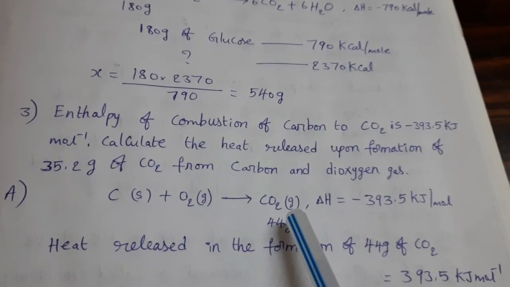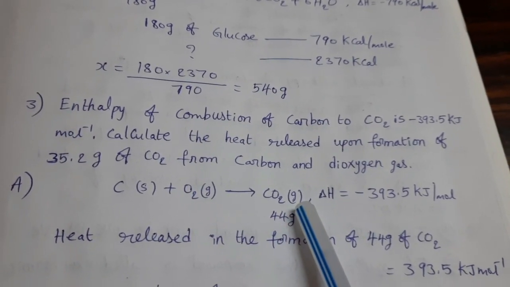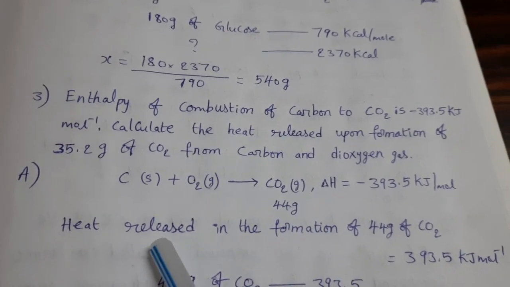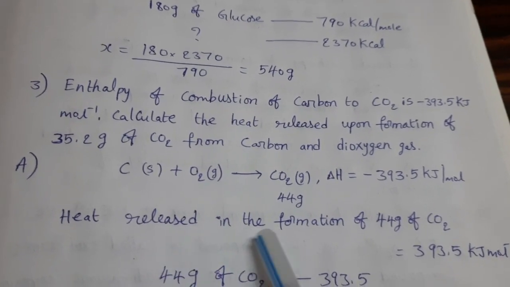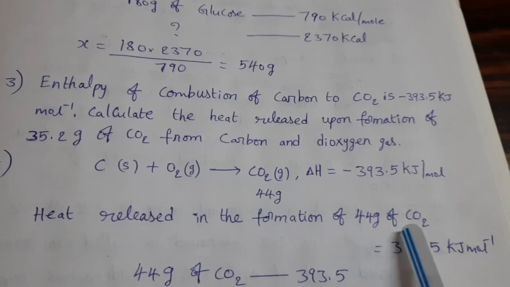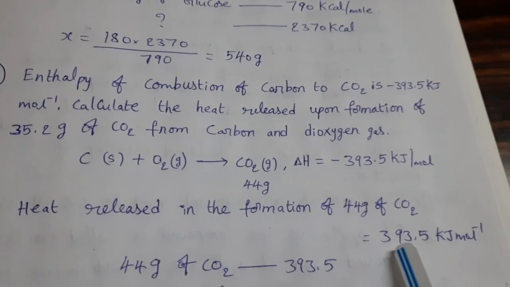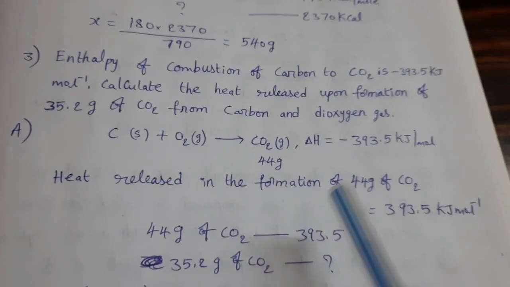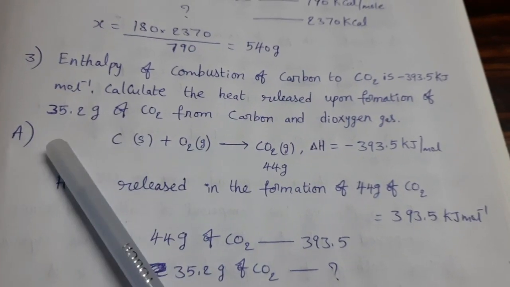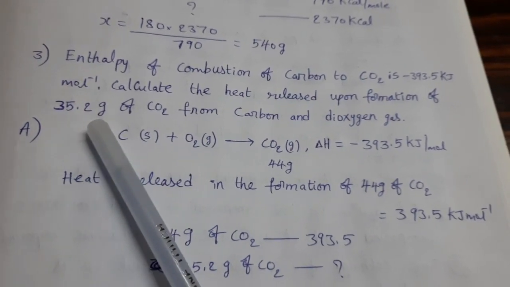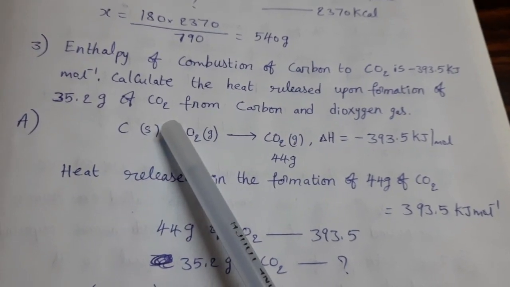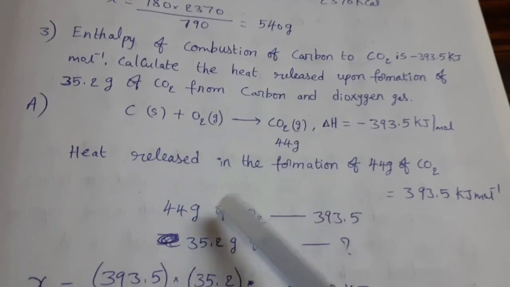In this reaction, 44 grams of carbon dioxide is formed. Then the heat released in the formation of 44 grams of carbon dioxide is this. In the given question, to form 35.2 grams of CO2, how much heat is released?